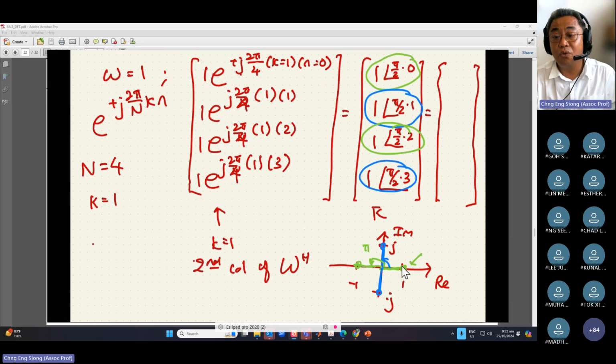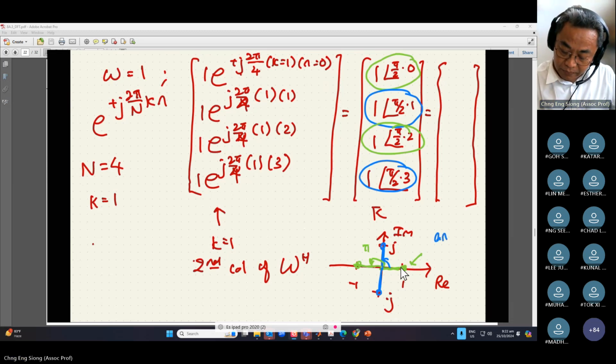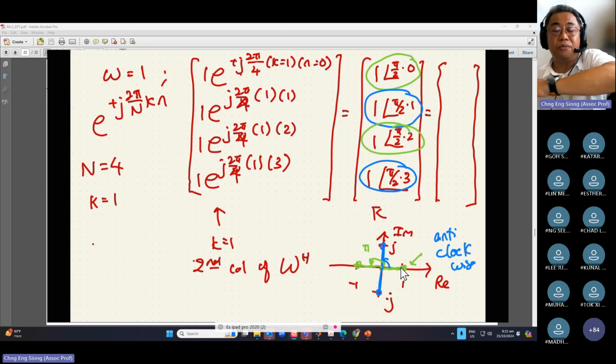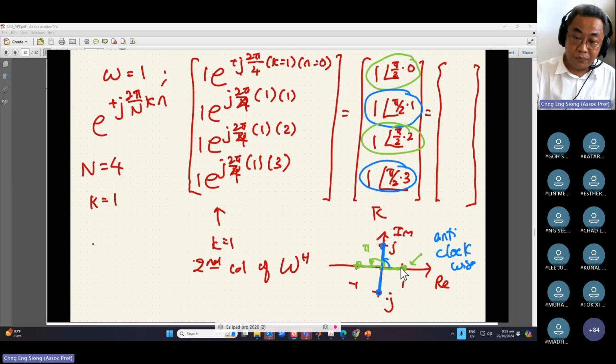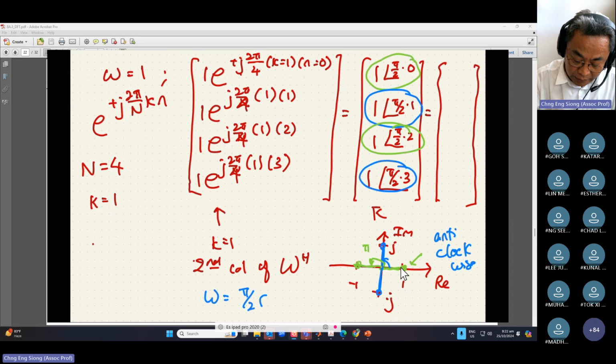So you now actually can see that I have a phasor that is rotating anti-clockwise, and it's going to move with the same magnitude, but each time it moves, it's moving by what? It is moving by pi over 2 radian per sample.